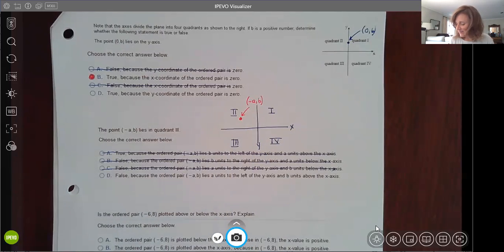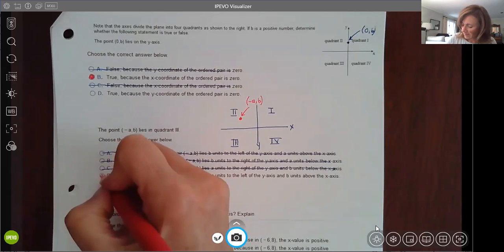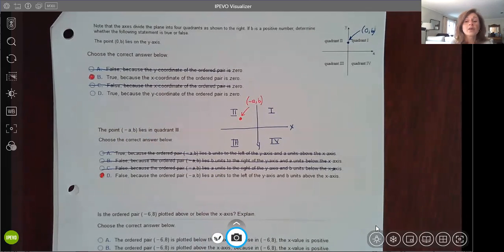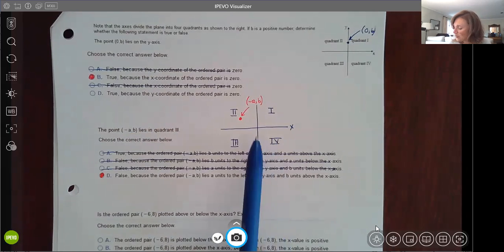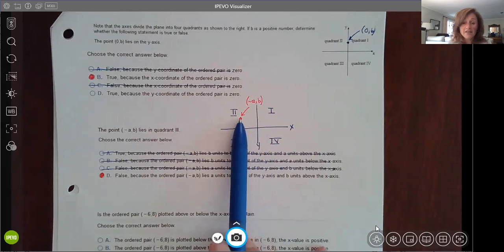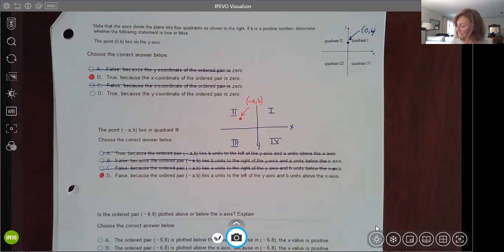Does that make sense? That was kind of tricky. That one okay? We go to the left of the y-axis, and then we go above the x-axis. Okay, so that's why it's false.